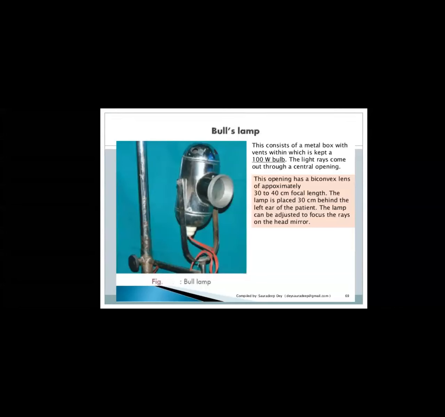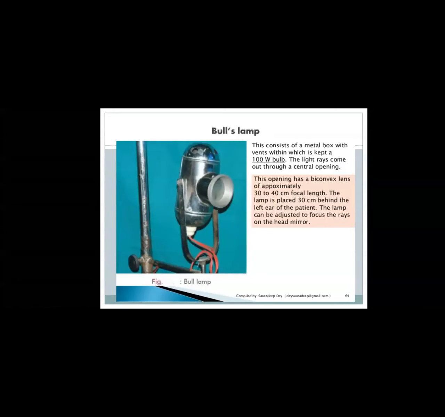I magnified it in the next slide. This elongated one has a perforation or opening in the center with a bulb of about 100 watts, which is usually preferred. That light passes through a biconvex lens, which has a focal length of 30 to 40 centimeters.